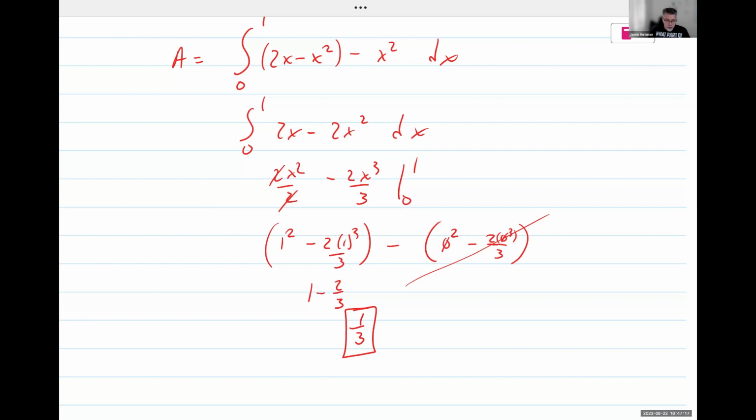Yeah, that works really well as long as there's not multiple intersections. And that's a great segue into the next problem, because in the next problem there are multiple intersections. If you have 2 or 3 points where these cross, you might get a function that is on top that is on bottom.